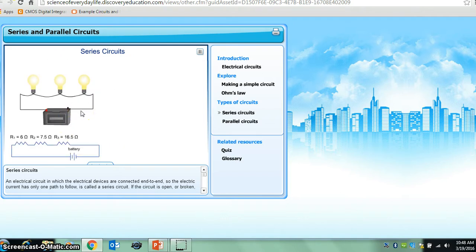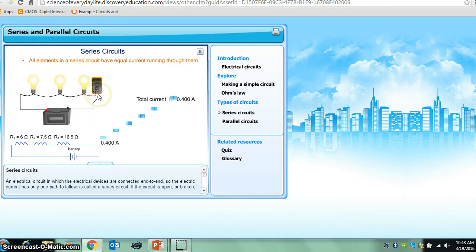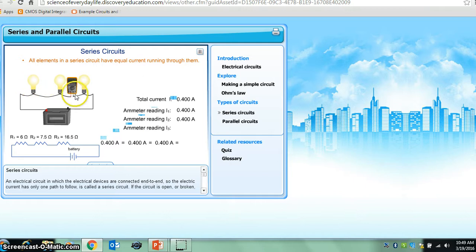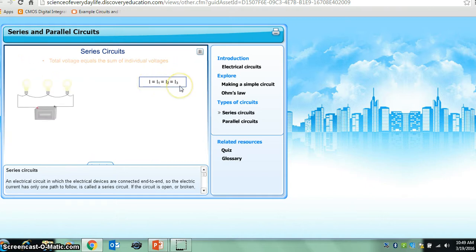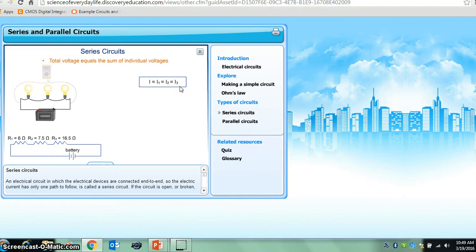Now let us see more details about the series circuit. They all have the same current, so let us see the total current at the two ends of the circuit. Just note it down here as 0.4 amperes. Now the current flowing through the first element, the second element, and the third element are all measured to be the same, which explains that there is only a single current flowing through a series circuit.